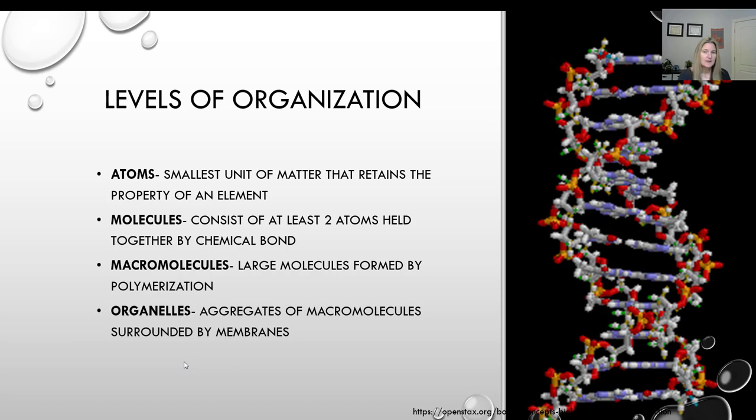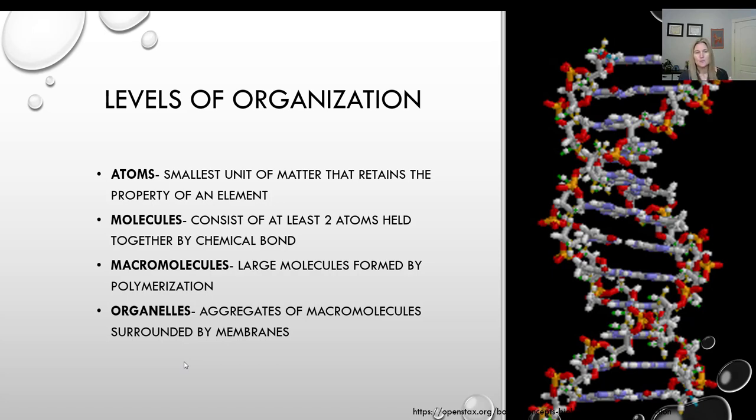And then moving even bigger, we can take those aggregates of macromolecules and surround them by membranes to form what's called an organelle. If we look inside of a cell, we might notice different parts of that cell that carry on different functions.